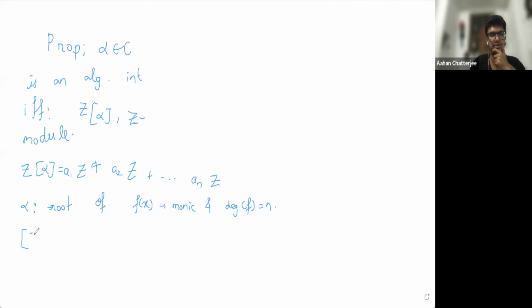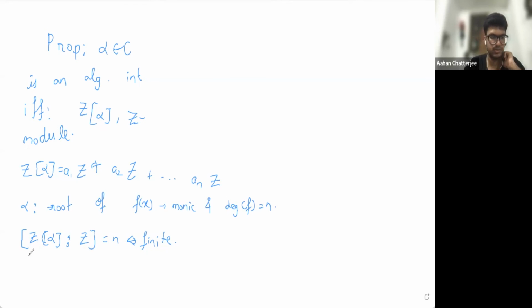And so this is also the same as saying the index of Z[alpha] over Z equals n is finite.